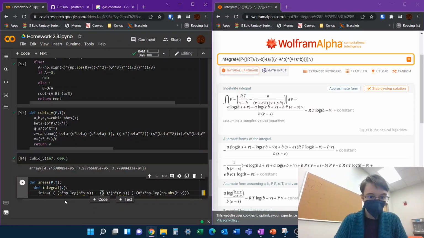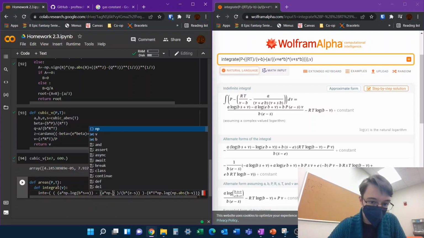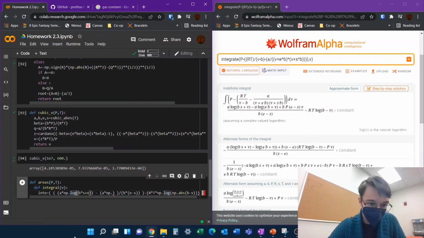Another set of parentheses, and these will be A times np.log, oh, we need to make sure these are log 10s, because Python defaults to a natural log, not a log base 10.